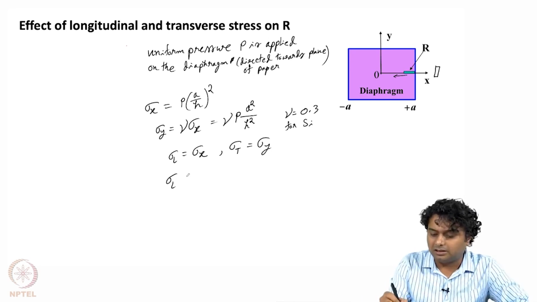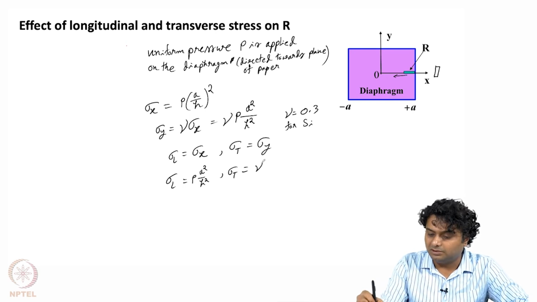We can write that sigma L is equal to P into A square by H square, and sigma T equals nu P into A square by H square.